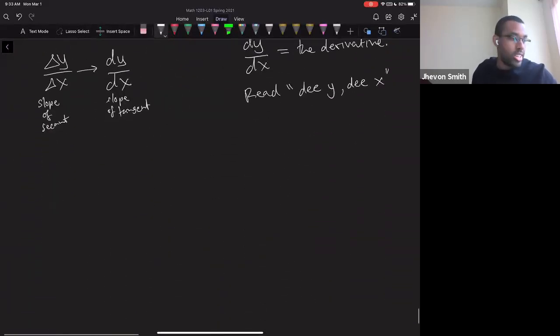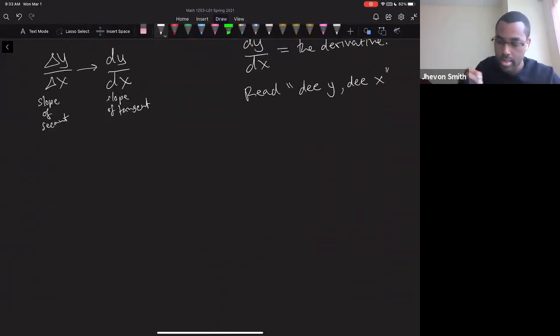So that's the notation. Let's do an example. Do I have any? I actually don't remember if I typed out the example already. I feel like I did. Let me see. Ah, yes, I did.